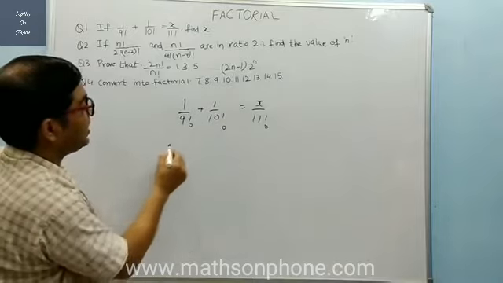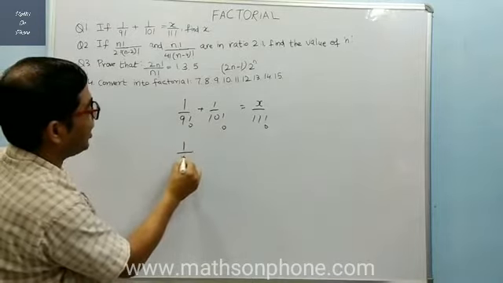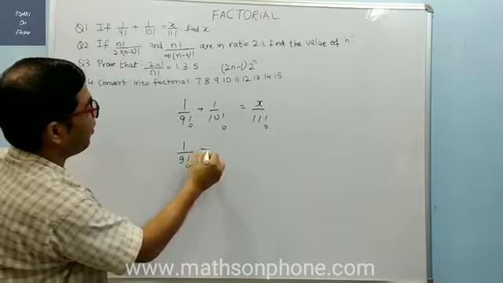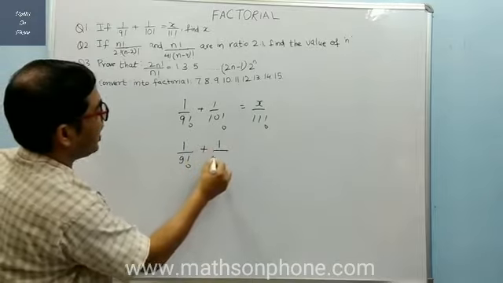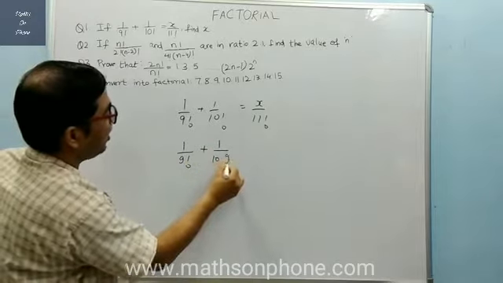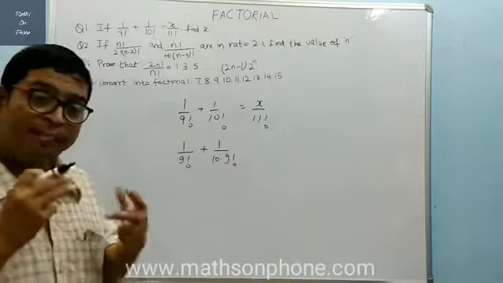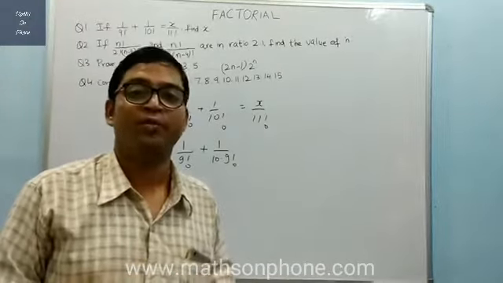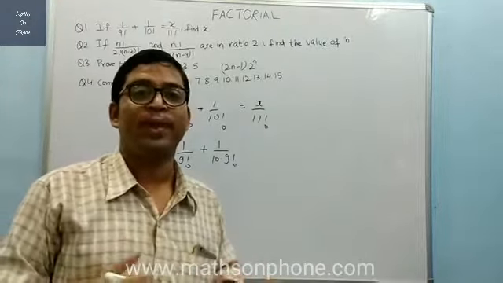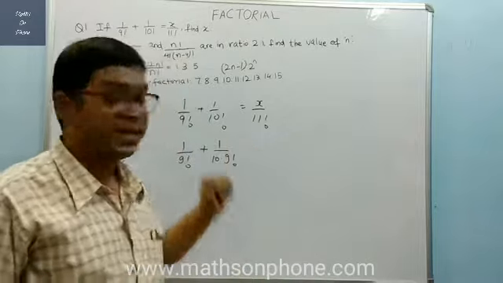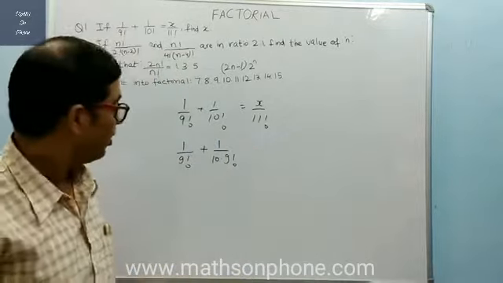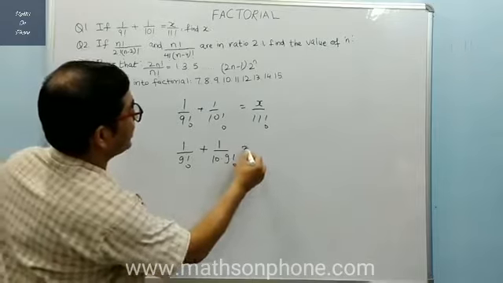I have to take the LCM, so I can convert this 10 factorial as 10 into 9 factorial. You know that bigger thing can be broken into smaller one. Never try to break the smaller things. Okay, so bigger is 10 factorial, so I broke it. Now we can easily take the LCM.